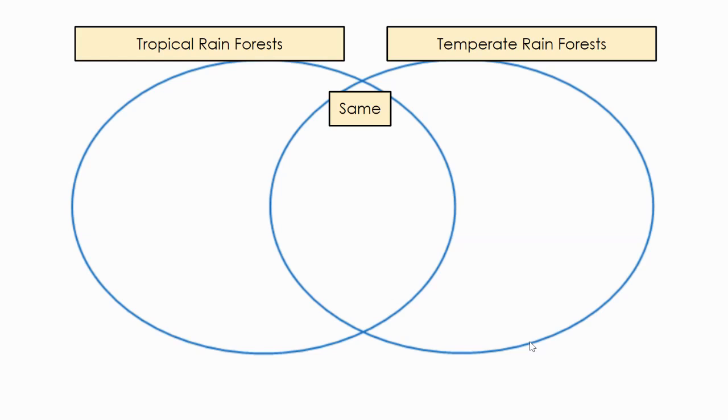And the places where the ovals or circles overlap describe things that are the same between two things. So you can see here for this story, we are going to be comparing and contrasting tropical rainforests and temperate rainforests. The part where the two ovals overlap is where we will jot down information that is the same for both types of rainforests.